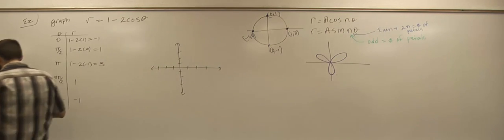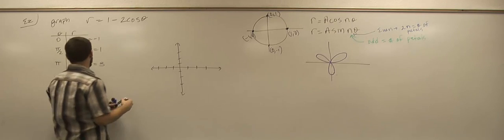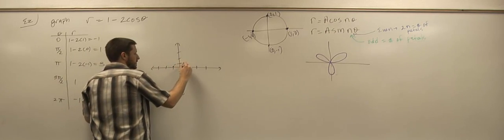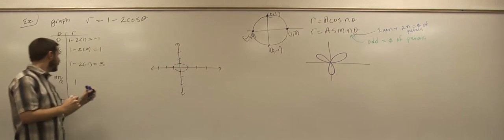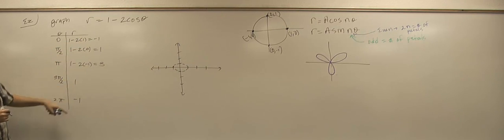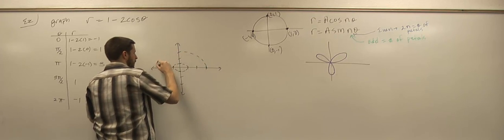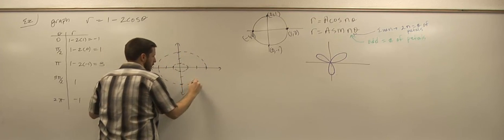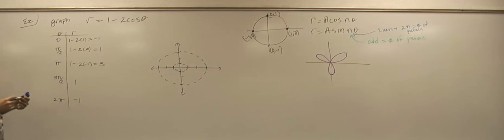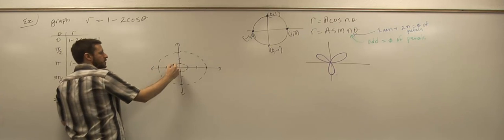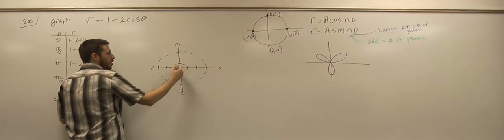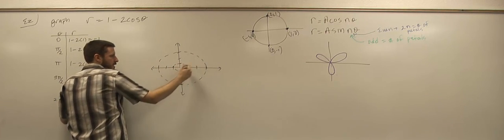I'll see if I have enough information. I have a bunch of 1s, which means I have a bunch of points on a circle of radius 1 that I'm going to have to plot. And I have a 3. So 0, negative 1 means when I go to an angle of 0, I have a radius of negative 1. This is the angle 0 usually.